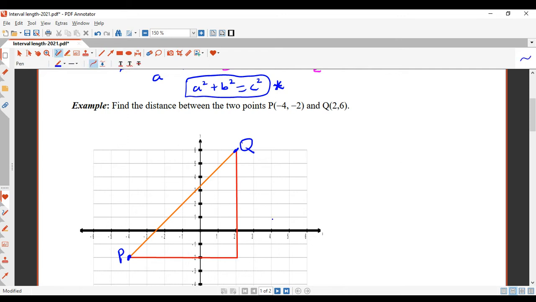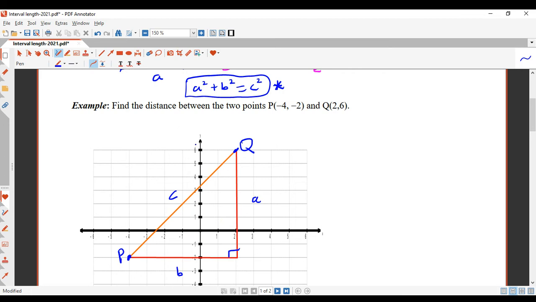Now, once you've done that, you mark in your right angle. All right. Now, I would label the sides A, B, and C.